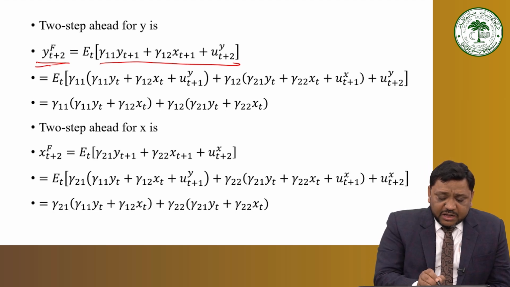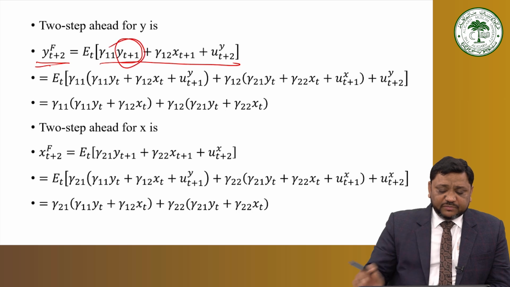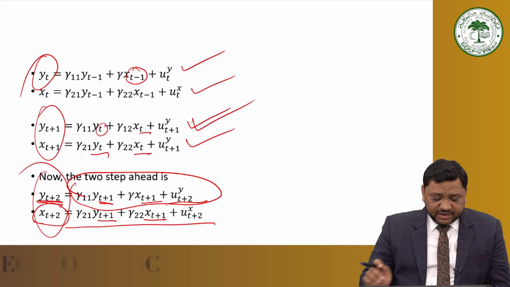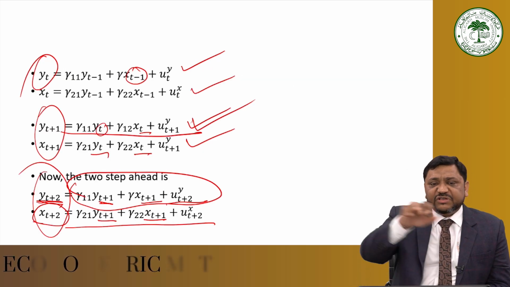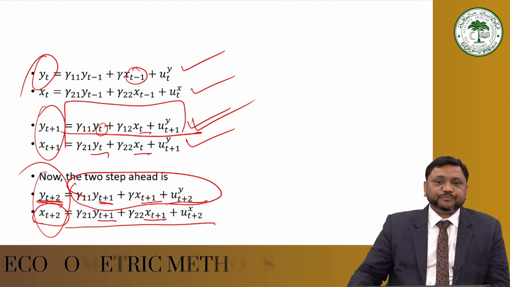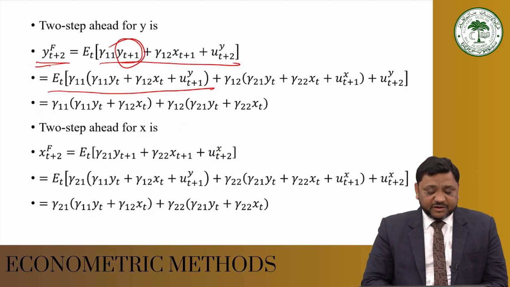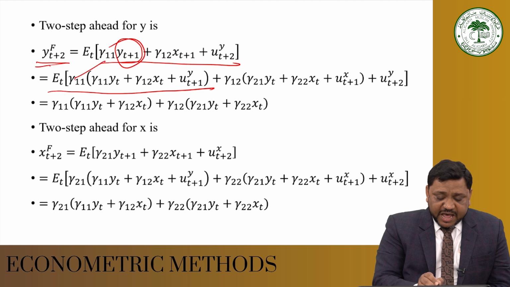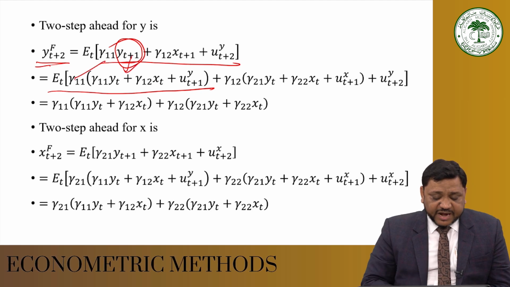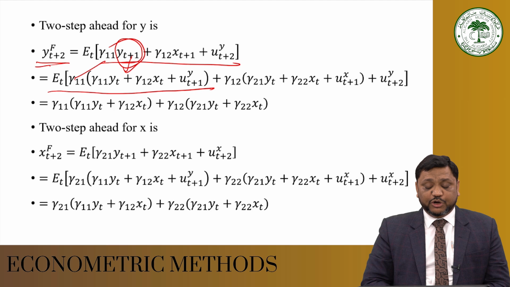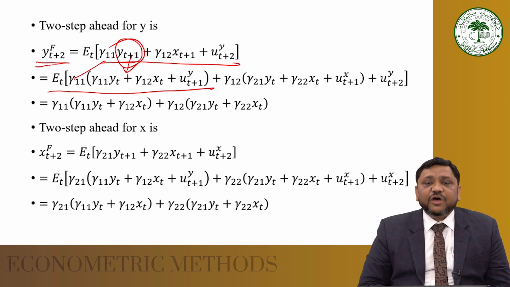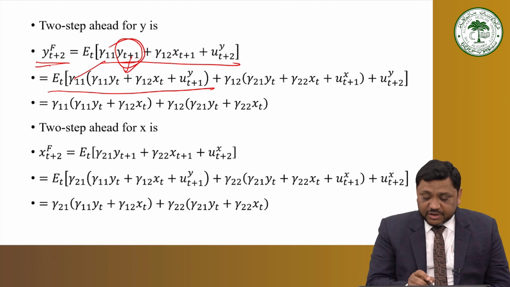Now yt plus 1 has been earlier defined over here. We substitute these values. So upon substituting, we write gamma 11, and in place of yt plus 1 we write gamma 11 yt plus gamma 12 xt plus error of y at t plus 1.